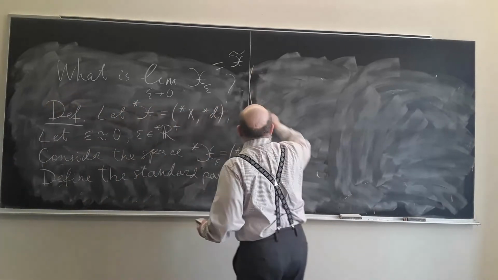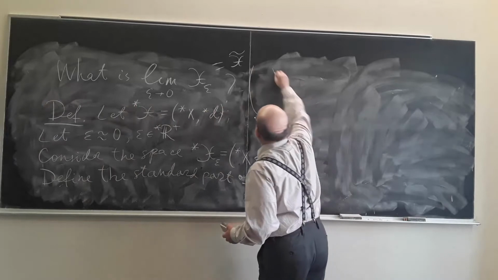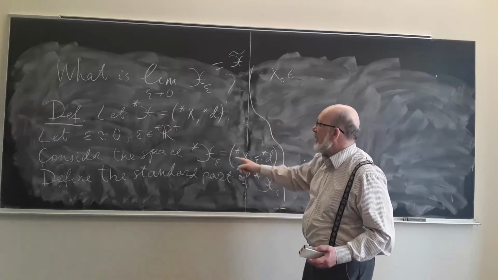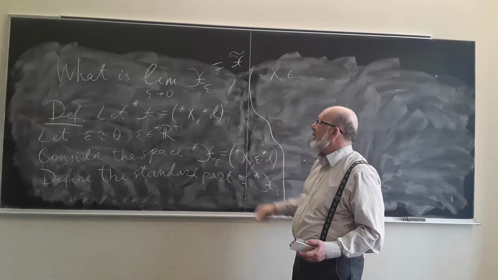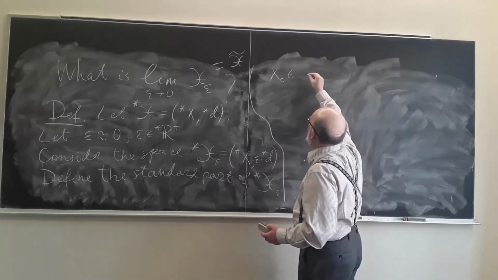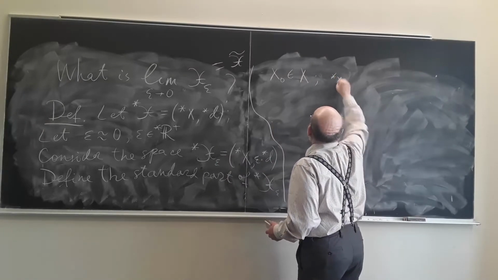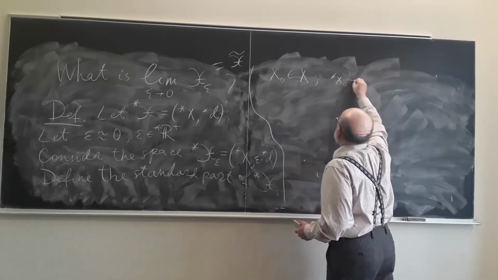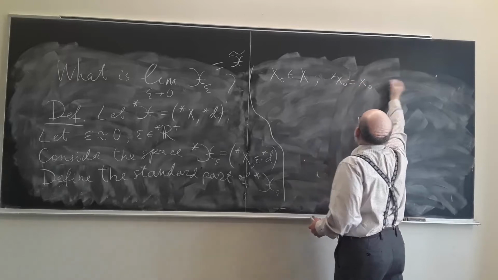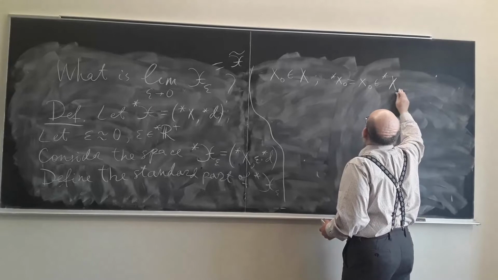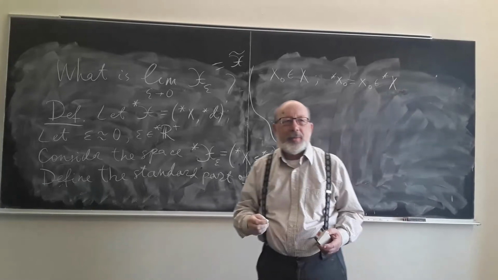How can we do this? We have a point x0, an element of x, and so star x0, which is the same as x0, is an element of star x. So we have here some base point already.